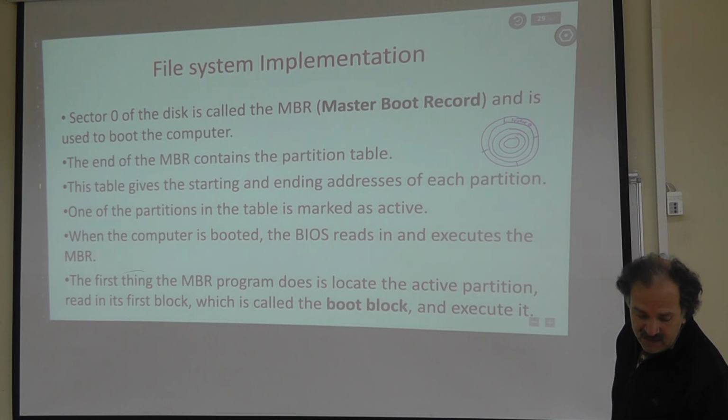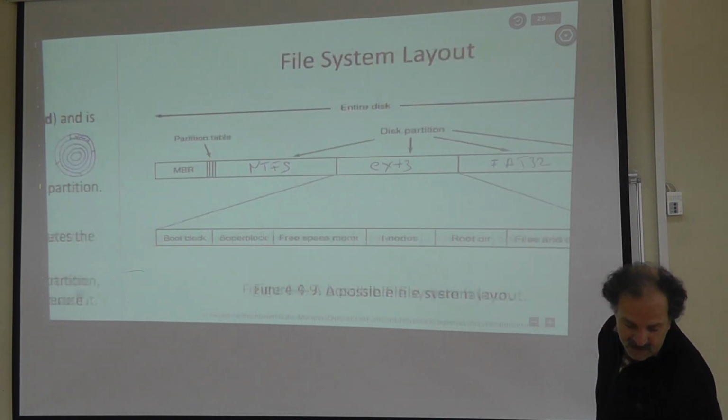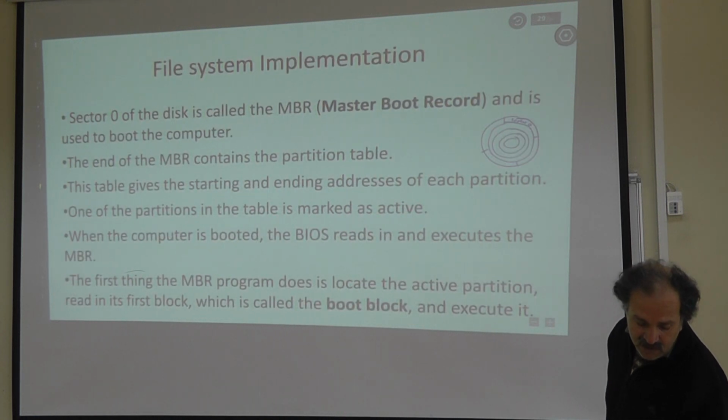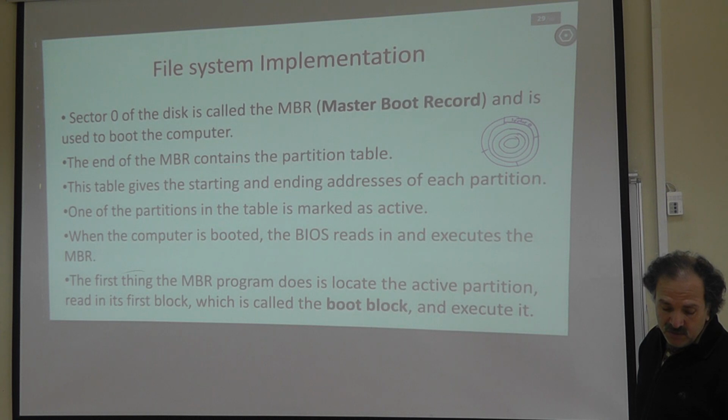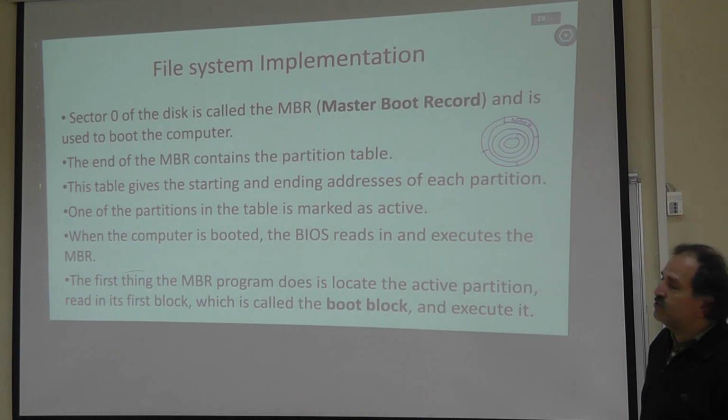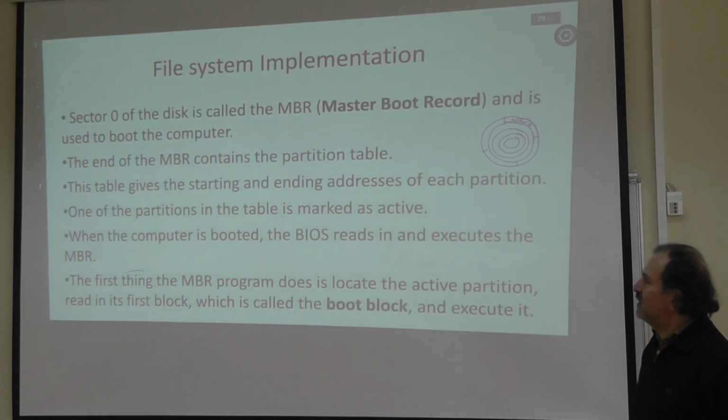So let's look at this sector 0 now. This part. Okay, sector 0 is the master boot record, and it is used to boot the computer. When the computer is booted up first, when you turn on your computer, you read this record, sector 0, the MBR, and it contains special code. Okay, we will come to this MBR later.